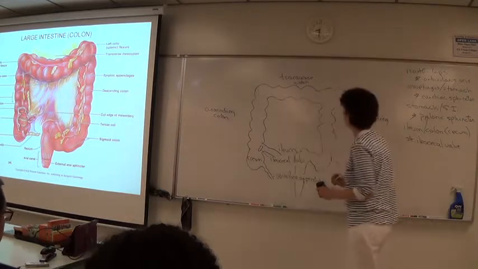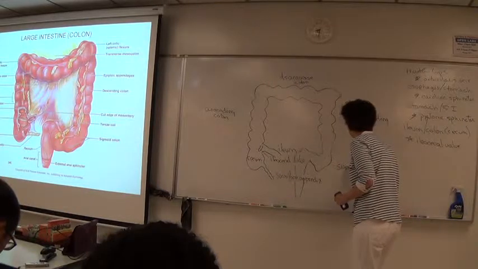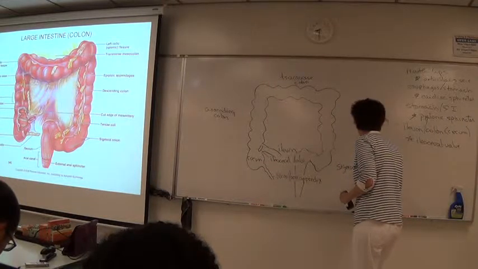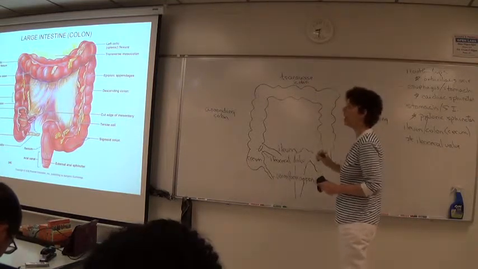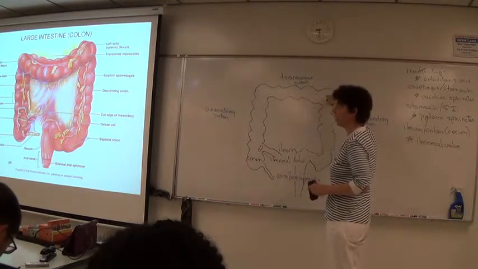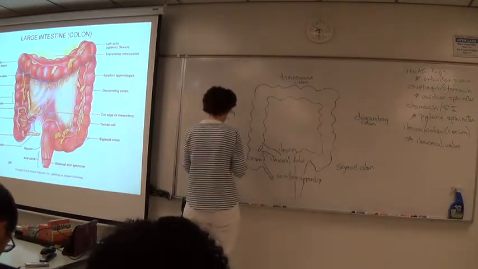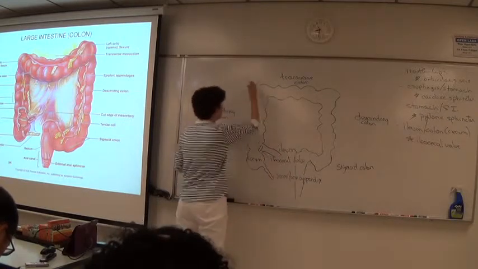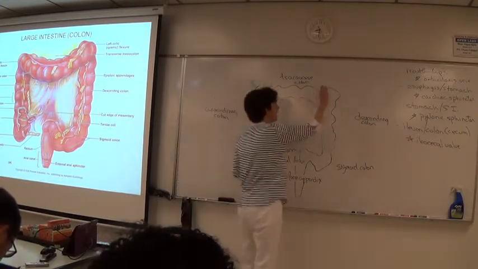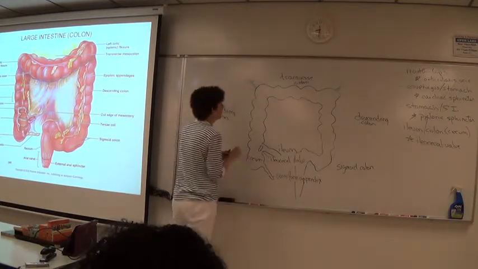Descending colon, and then this kind of S-shaped region is the sigmoid colon. We have a couple of bends, actually the left side is slightly higher. We have ligaments, kind of an attachment here. And these bends are known as flexures.